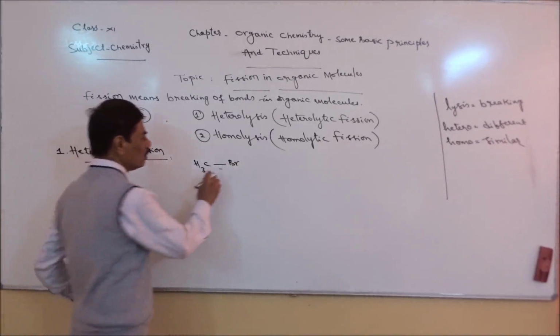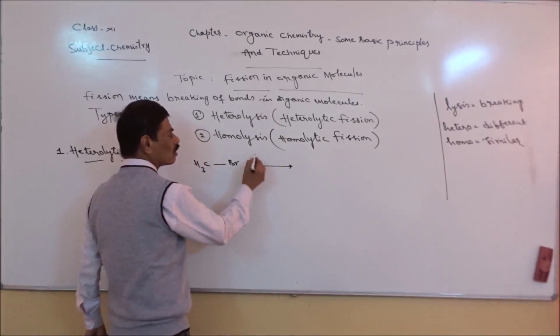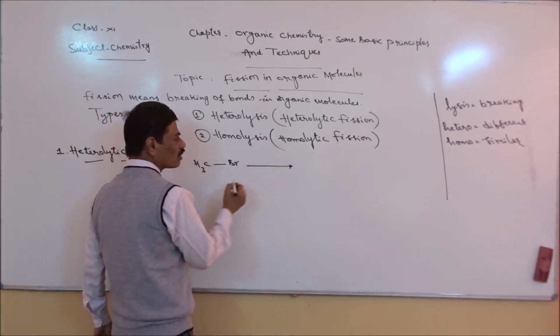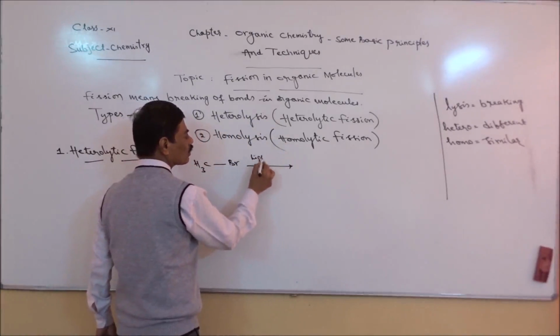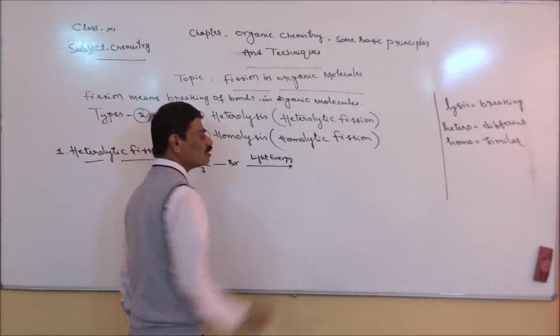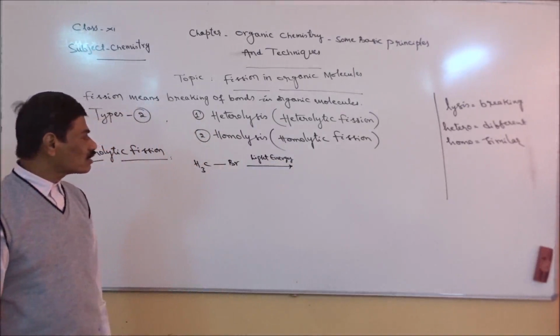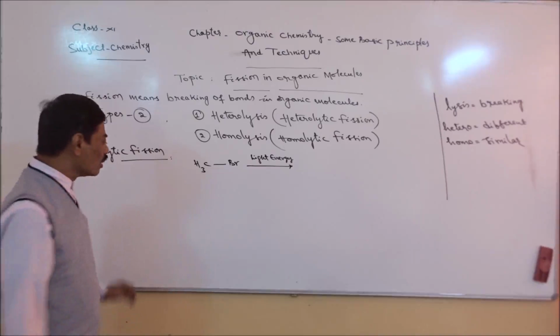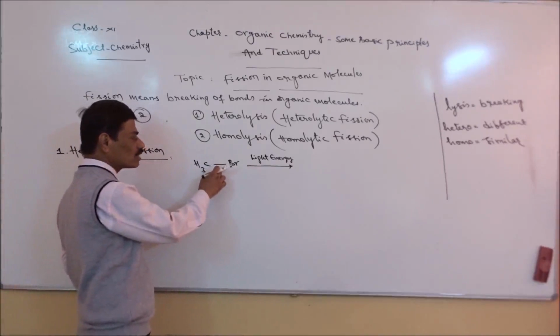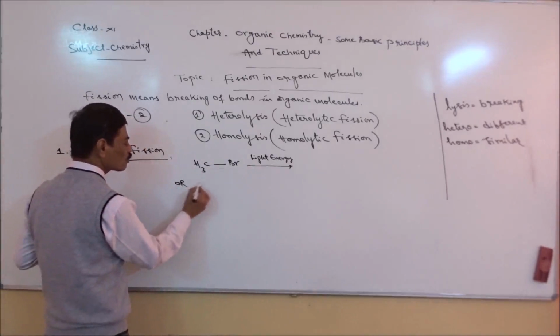Now, in the case of this molecule, either heat energy or light energy is required. It can be heat or light. In presence of light or heat energy, what happens is this bond, meaning the electron pair, can be shown like this also.